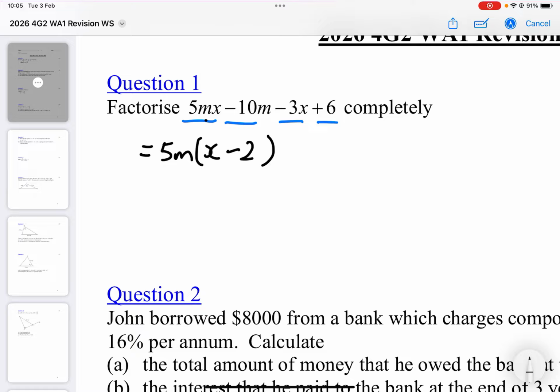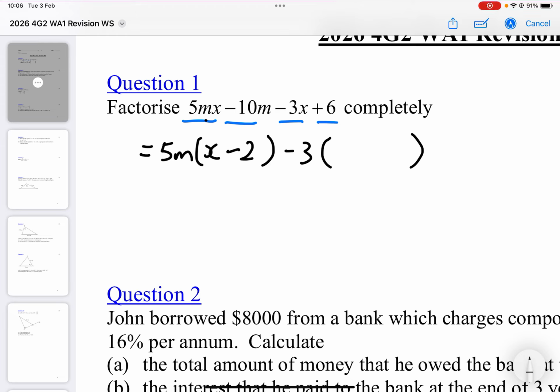Okay, so the first 2 terms become this whole thing already. Then the back 2 terms, minus 3x and plus 6, I want to factorize. Both minus 3 and 6 can be divided by 3. So if I take out minus 3, I'll be left with a bracket. Then the front term, minus 3x divided by minus 3.